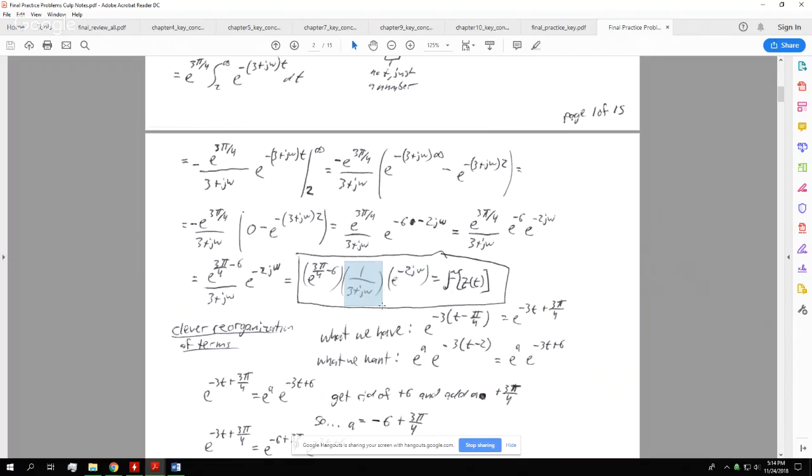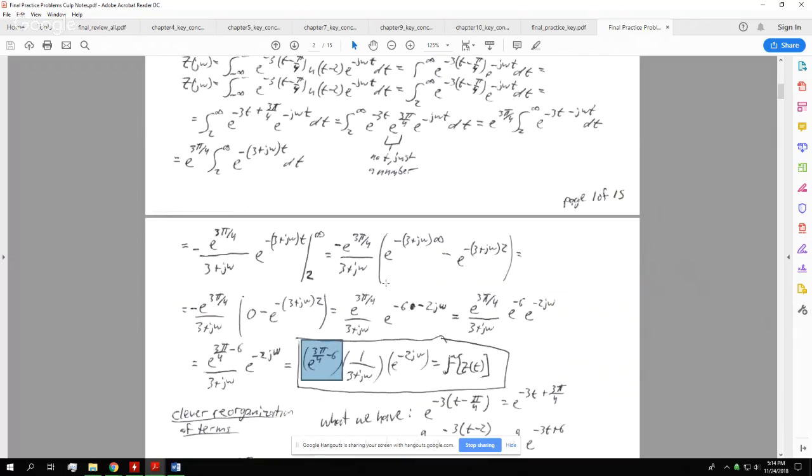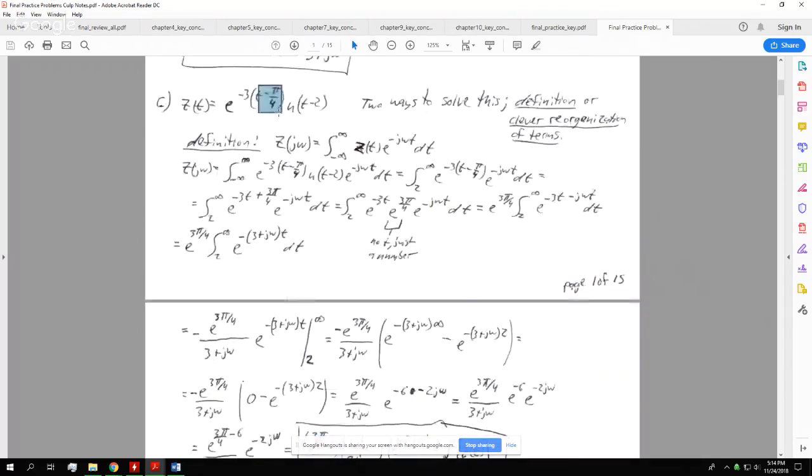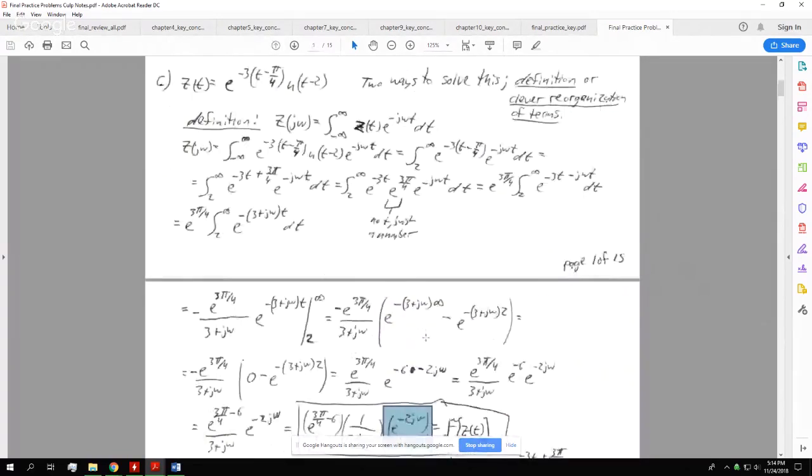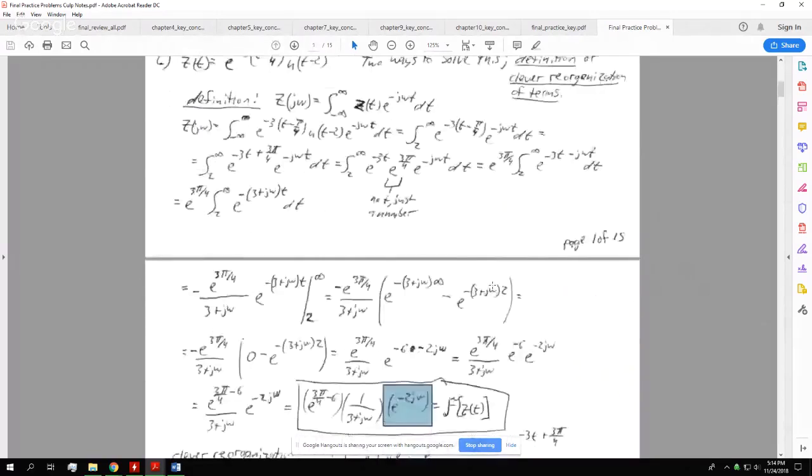This was our basic transform pair that we saw in parts A and part B. This was just some weird number that came from that weird phase shift. This weird phase shift here. And then this came from the time shifting property, which we saw in part B.